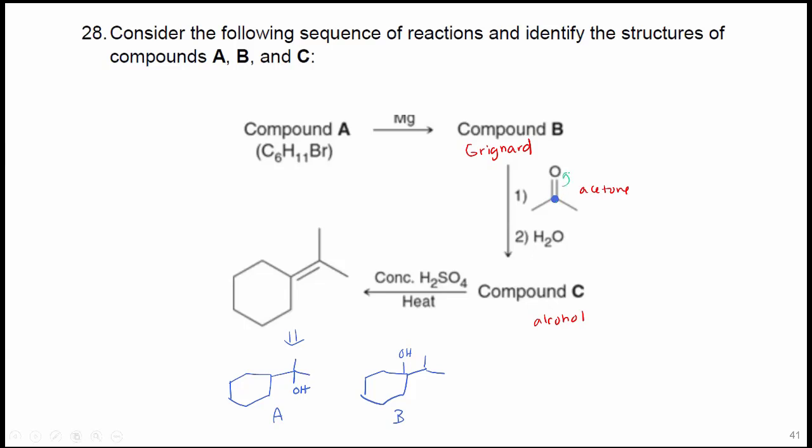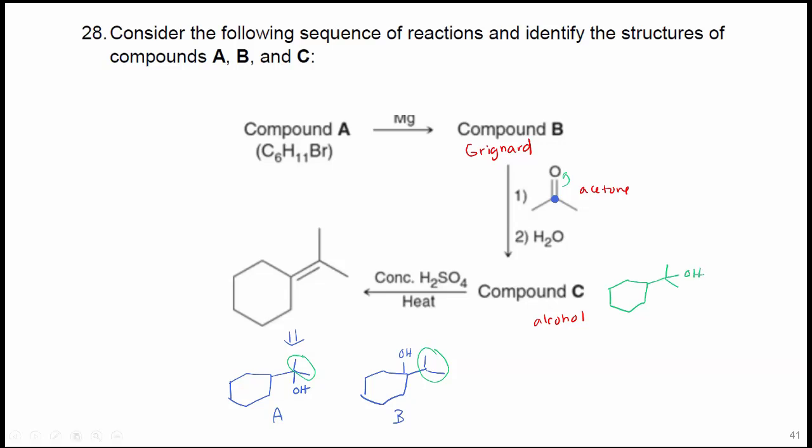So the oxygen, or the alcohol, is on the same carbon as where those 2 methyl groups are. If I look here, the methyl groups are on this carbon. The alcohol should be on the same group as the methyl groups, which is going to be A. So if you chose A, that is the correct structure for C.